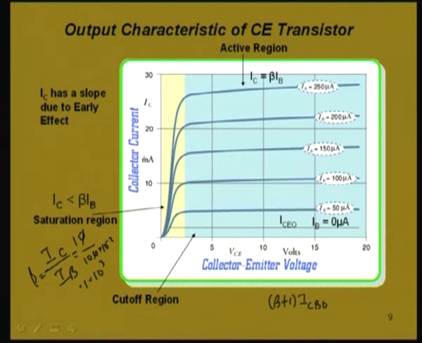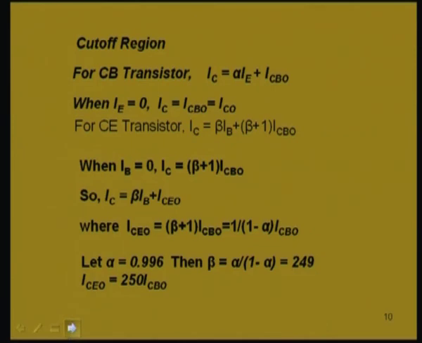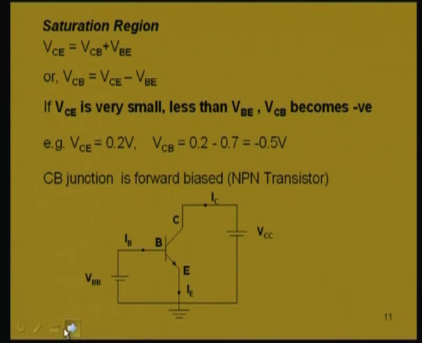which is saturation region, will be obtained when you have this VCE very small. That is, if VCE is made very small, what will happen? Because we know that VCE is actually equal to VCB plus VBE. Now, VBE is almost constant 0.7 volt.